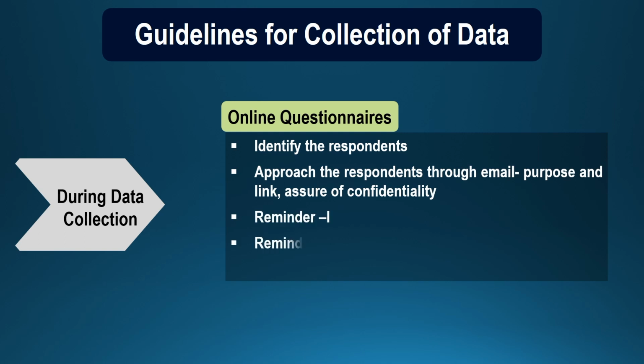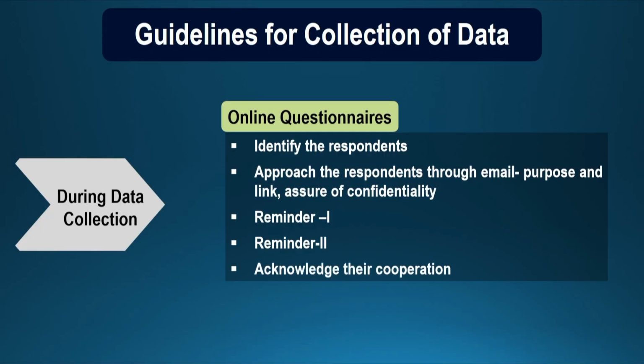And after due time, reminder 1 or reminder 2 can be sent to the respondents if you have not received the filled-in questionnaire, and then you need to acknowledge the respondent.